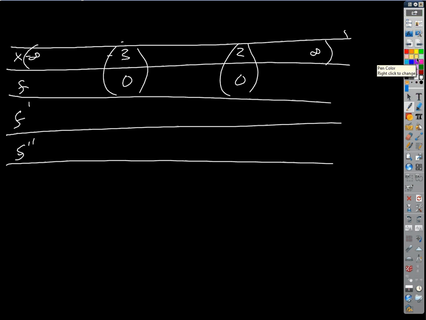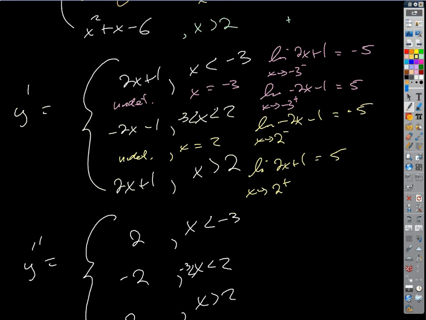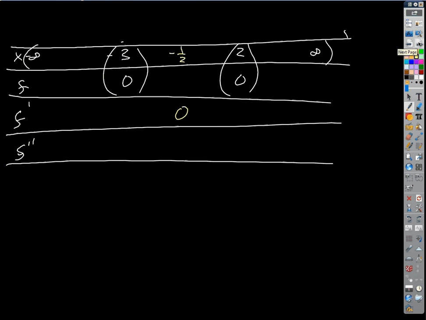So we get negative 1/2. What do you notice about negative 1/2 compared to this 2? Halfway, isn't it? So it's symmetrical here. There you go. So at negative 1/2, we get a 0 for the first derivative. And if we look down at this one, we get, once again, negative 1/2, which is not in its domain. So there's only one critical number in the whole thing, and it's right there.